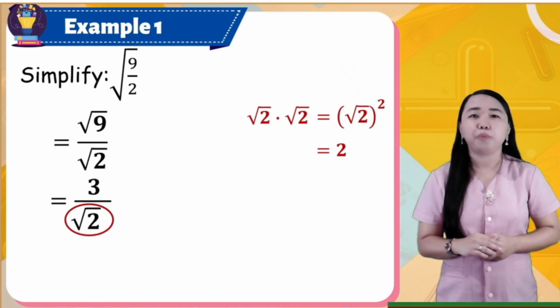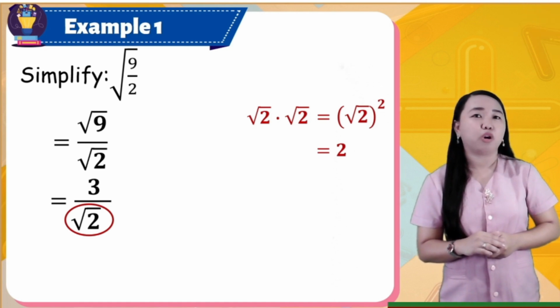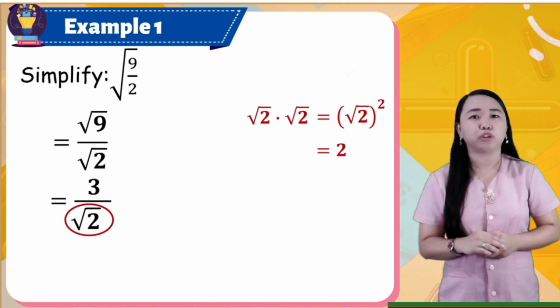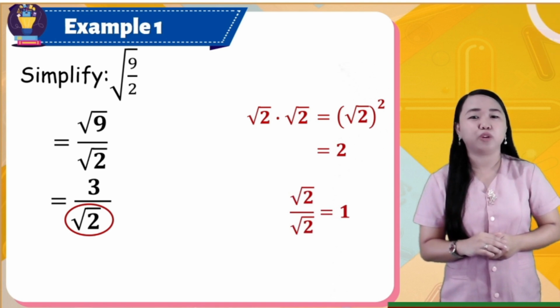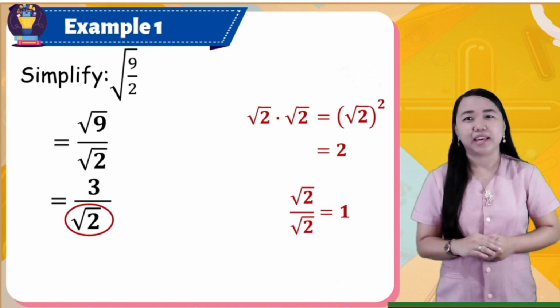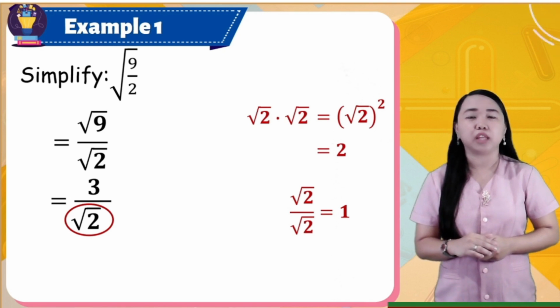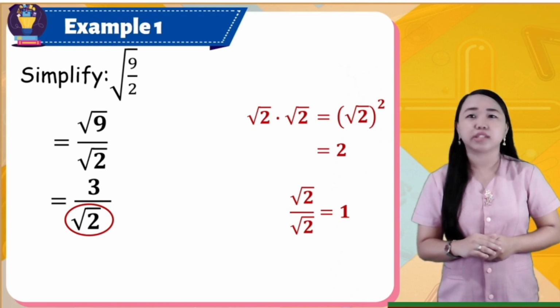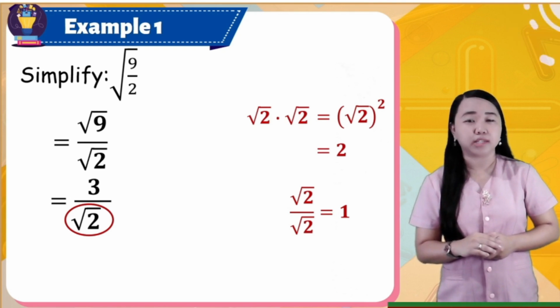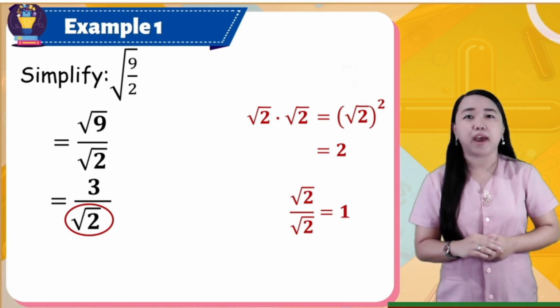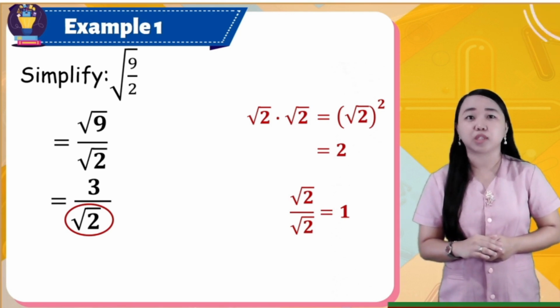Therefore, the number to be multiplied to the numerator and denominator of 3 over square root of 2 is square root of 2. Take note that multiplying the numerator and denominator by square root of 2 does not change the value because square root of 2 divided by square root of 2 is 1.